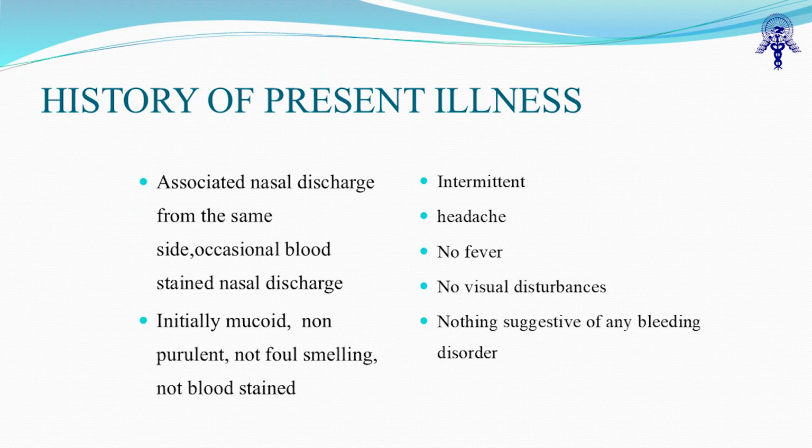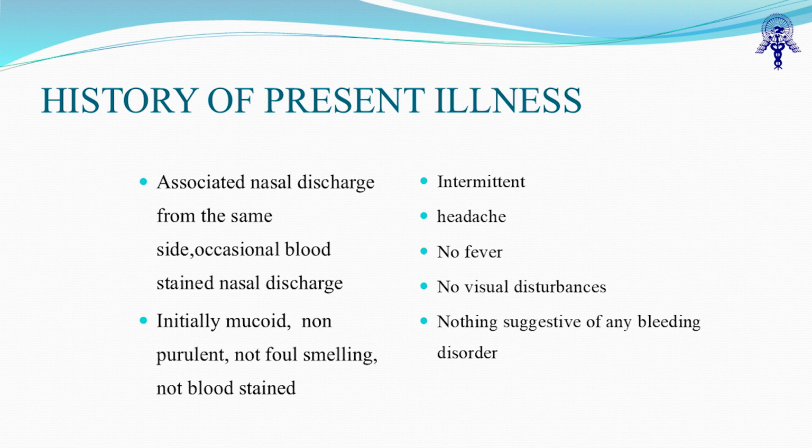We are not going through the formal history of present illness or anything. This is just a case capsule for us to discuss. Initially the discharge was mucoid, non-purulent, non-foul smelling and not blood stained.